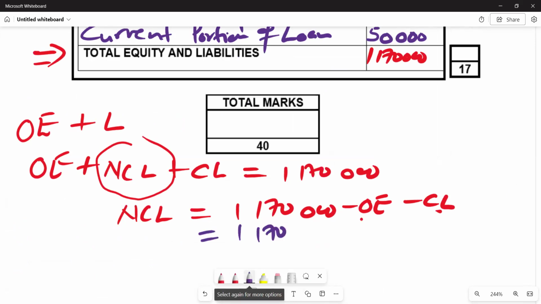So it is equal to 1,170,000 minus owner's equity, which is 810,500, minus current liabilities, which is 161,500. Then we find the figure for non-current liabilities, which is 198,000.